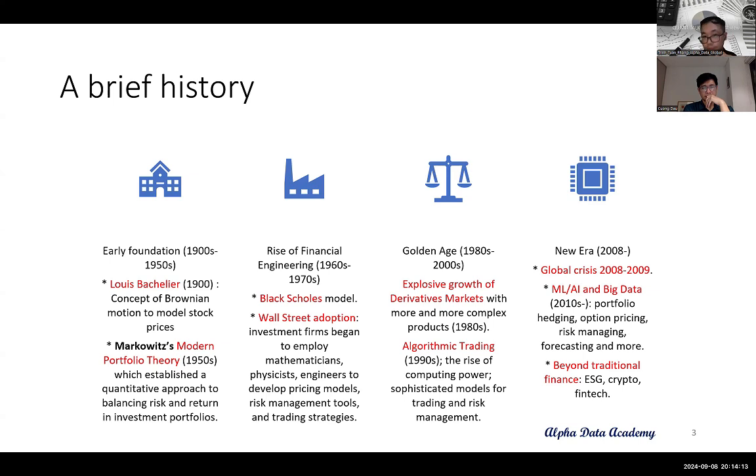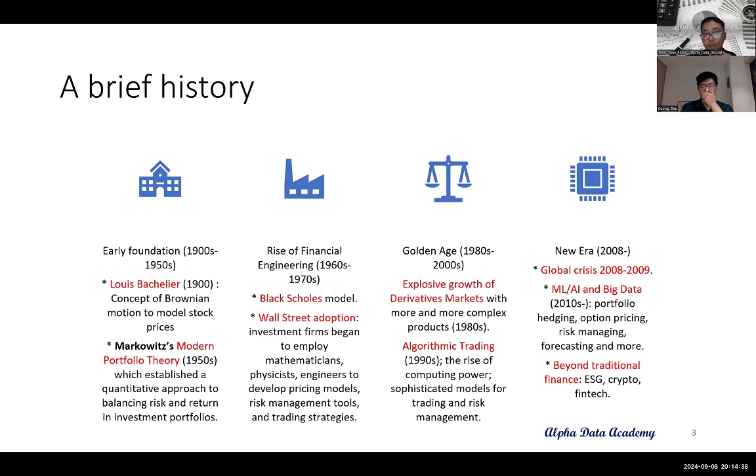Right? So there was something changed here, right? In the 1980s, and then algorithmic trading became important in the 90s due to the rise of computing power, with sophisticated models for trading and risk management, right?